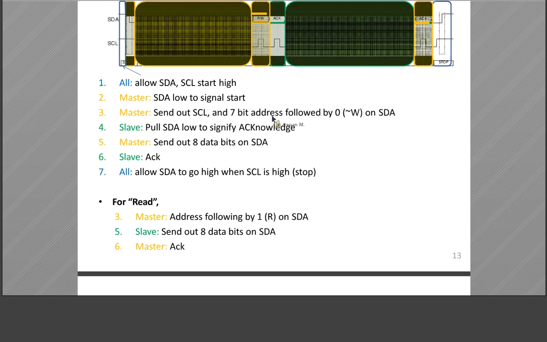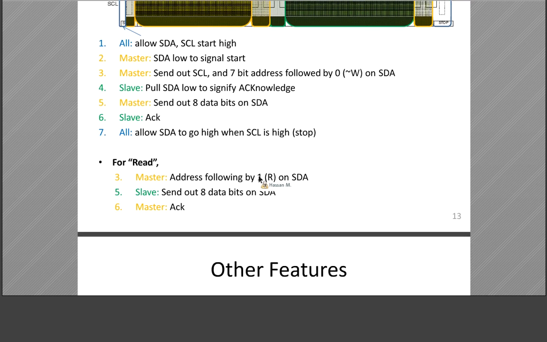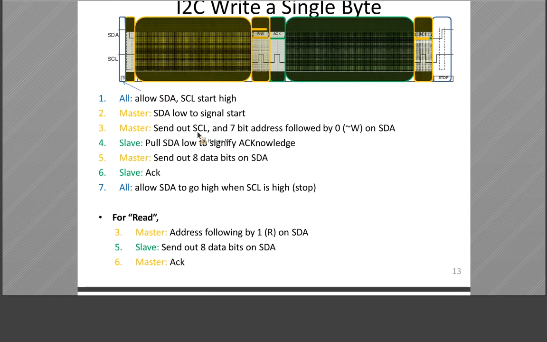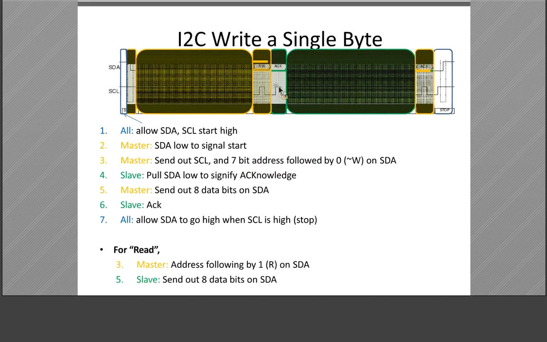Step 3, master sends out on SDA 7 bits of address, the slave address, okay, slave addressing. Then followed by 0 for write, and followed by 1 for read. Here, first of all, SDA goes to low, then 7 bits of address.